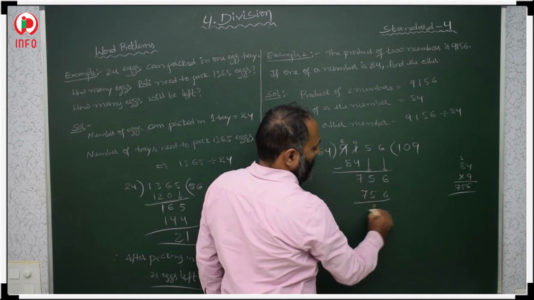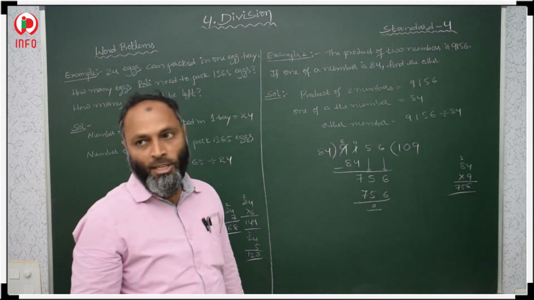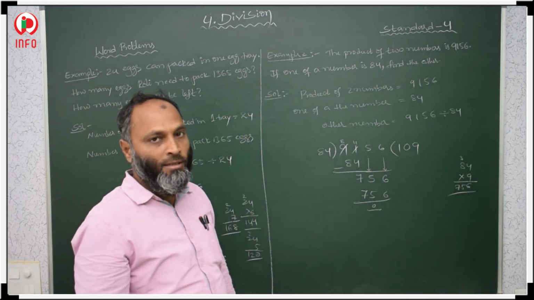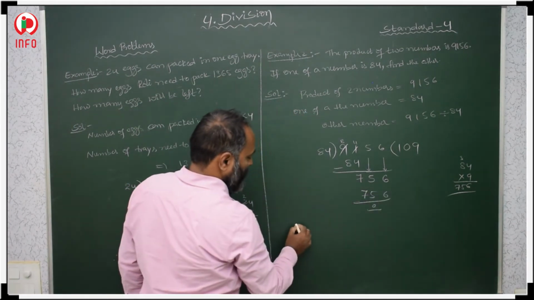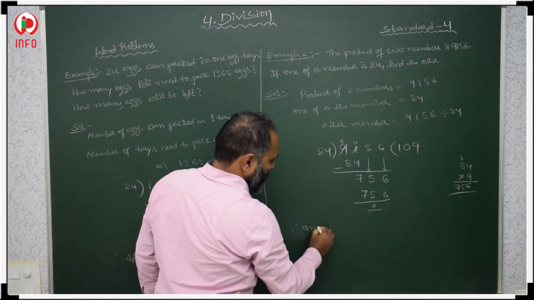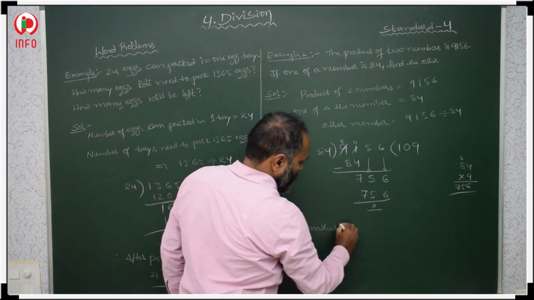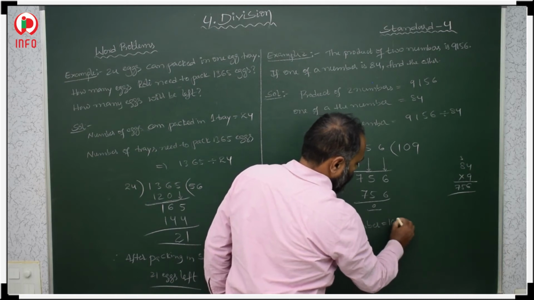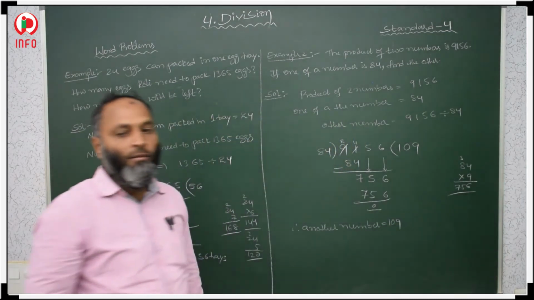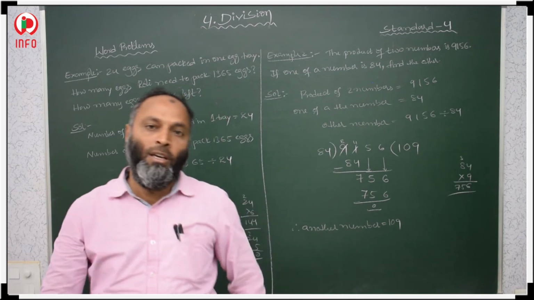The same number minus the same number, the difference is 0. Then what is the other number? 109. Therefore the other number is 109. Okay.